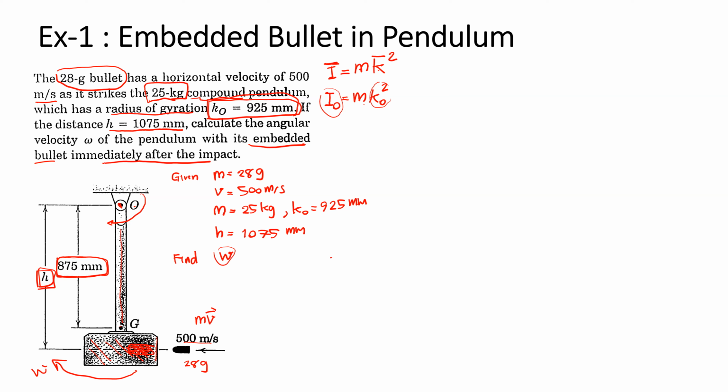In the beginning, just the bullet has the velocity, but omega equal to 0, and the pendulum doesn't move. After that, when the bullet is embedded in the pendulum, it creates initial rotation to the pendulum. What should be the omega after the impact, after the bullet hits the pendulum?